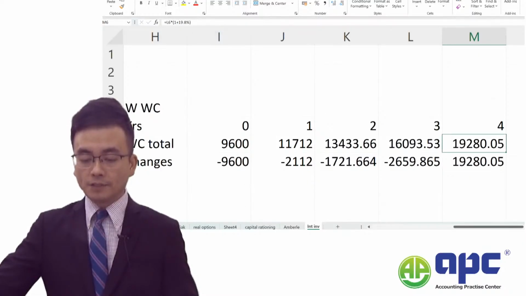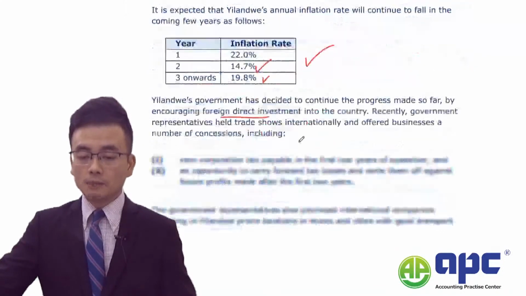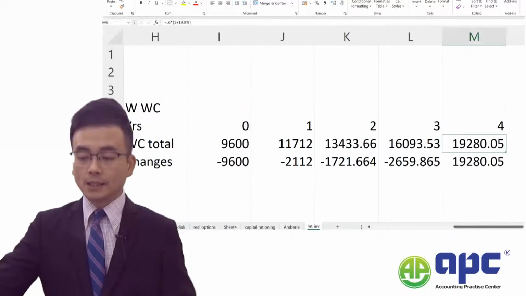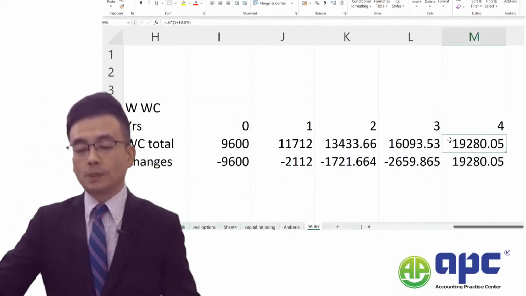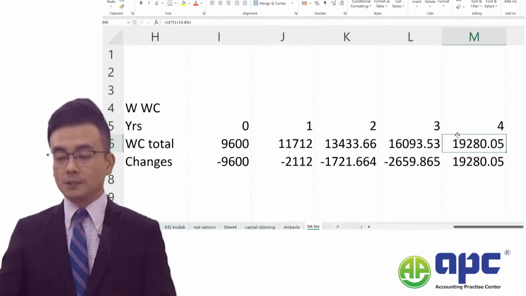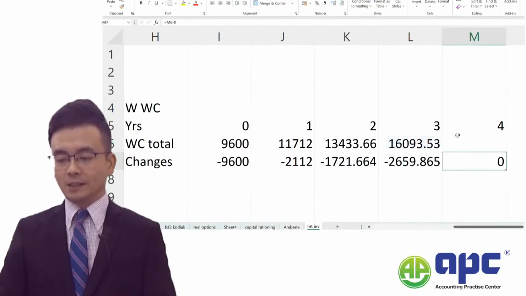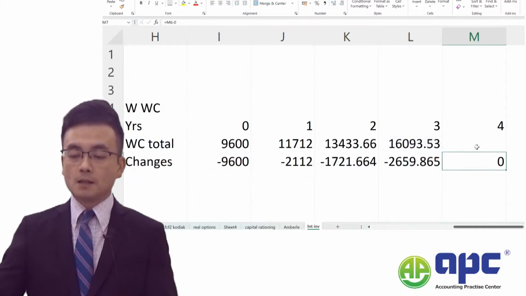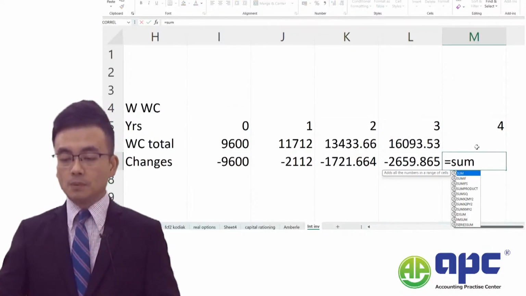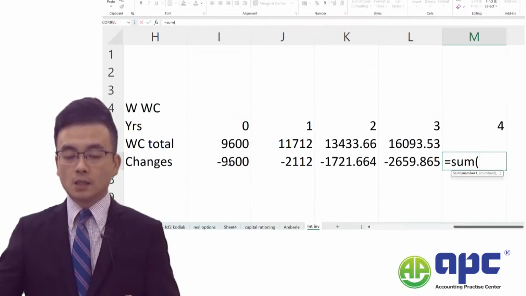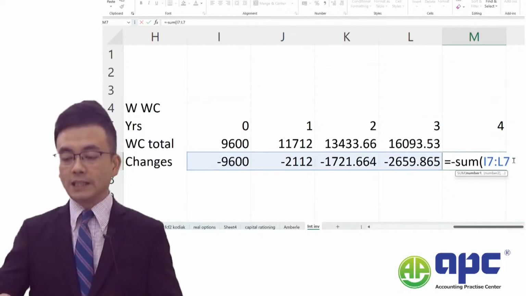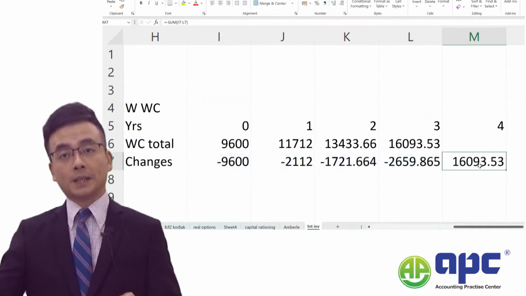But at the end of year 4, here we are told this will be released at the end of the project life, and that being the case, year 4 will not be this figure. All right, year 4 will not be this figure because in year 4 we'd like to release that. So that's why at the end of year 4, I will say that it will be the sum of the working capital changes that we could release back, okay, to our company.